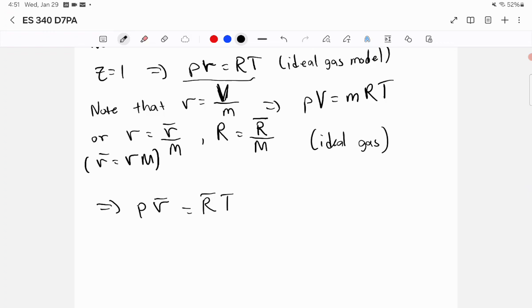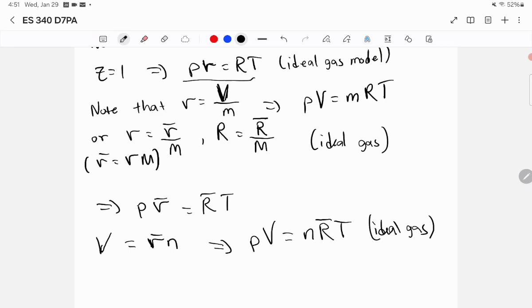And finally, using the substitution that V is equal to V bar times N, where N is the number of moles, which is something that you're familiar with, we get PV is equal to N R bar times T. Now this is the formulation that you saw in your chemistry class.